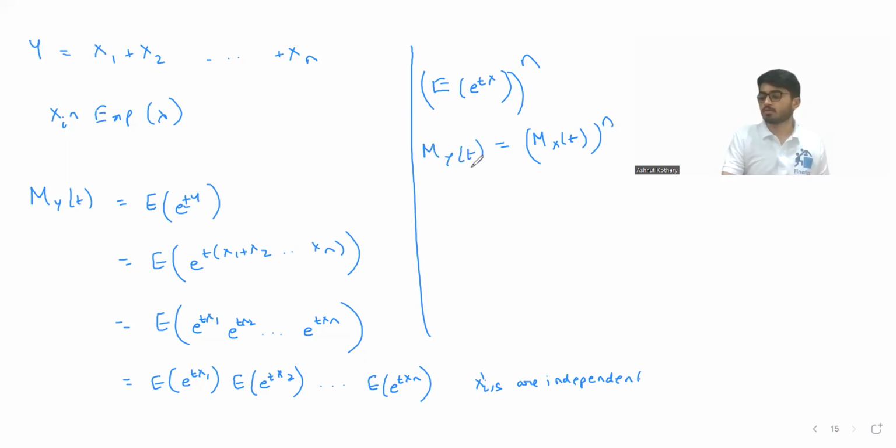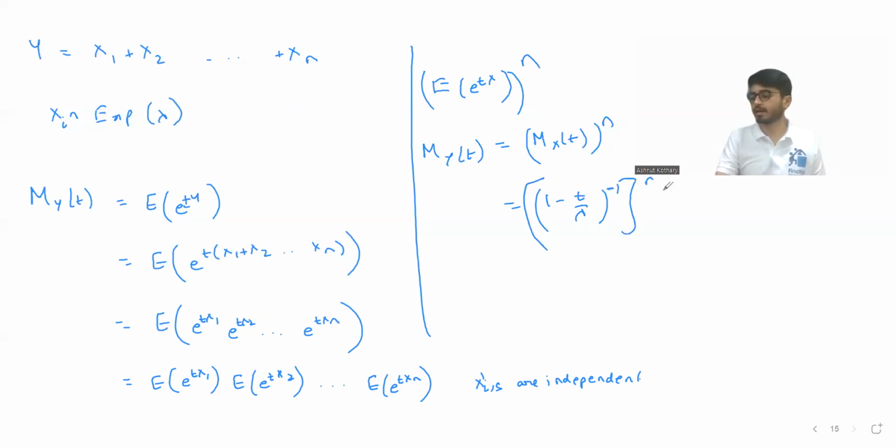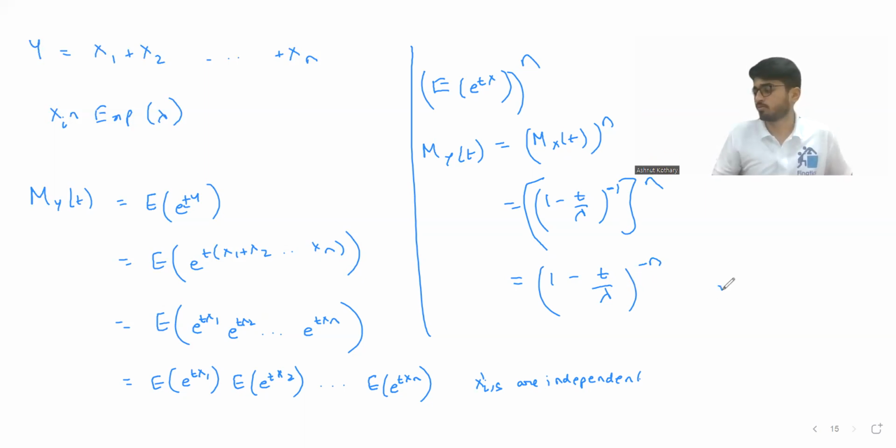And now, if you take a look at the MGF of an exponential random variable, it is 1 minus t by lambda to the power minus 1. We take it to the power of n, which is 1 minus t by lambda to the power minus n. And this corresponds to nothing but the MGF of a gamma.